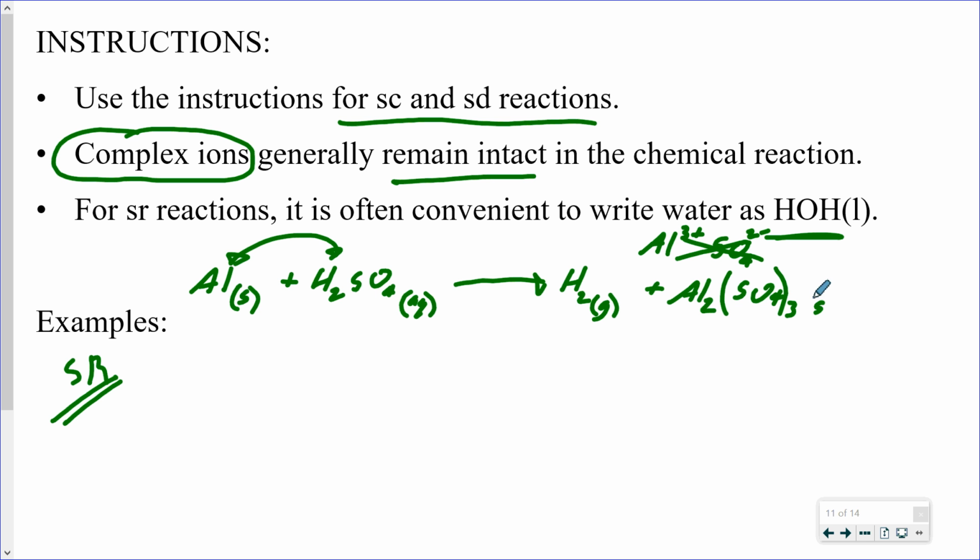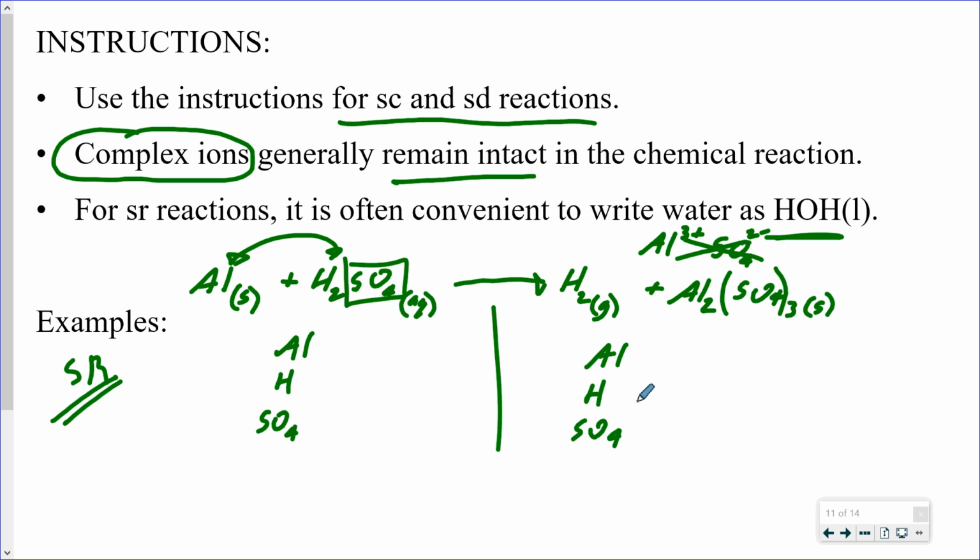And this one here actually ends up being solid for the state. Balancing, a little bit more difficult. We have aluminum, we have hydrogen, polyatomic ion, keep them all together. We have SO4 on both the left and the right hand side, don't split them up. On the right then we have aluminum, we have hydrogen, and the SO4.